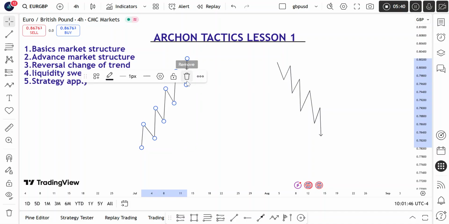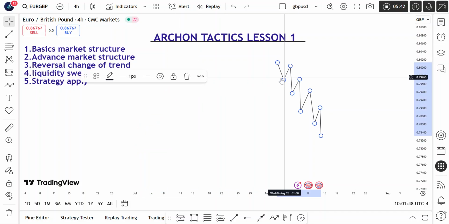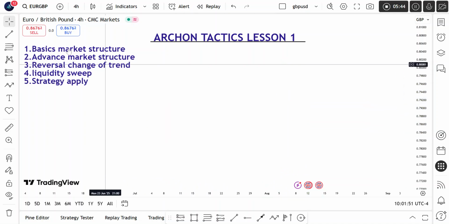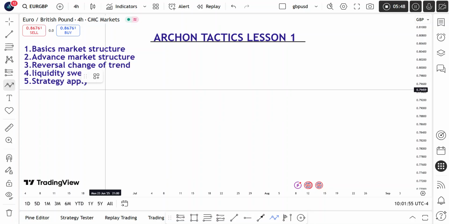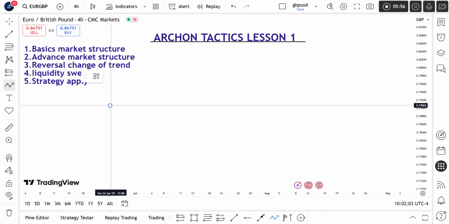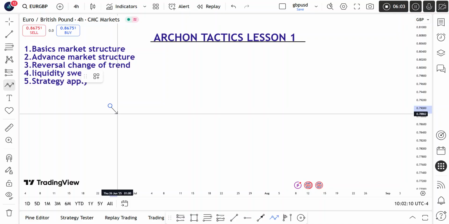To show you that, we're going to come to the second part now. I'm going to explain the advanced market structure. This is the market structure that you're really going to find in the market.